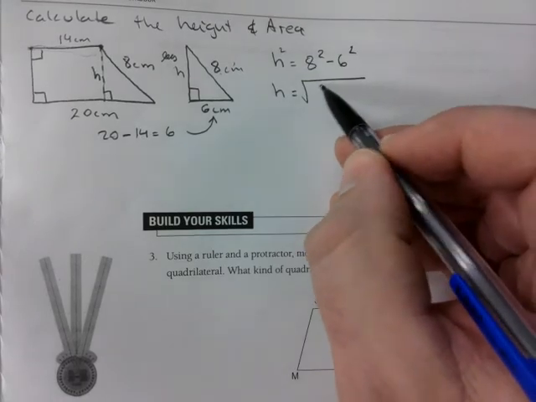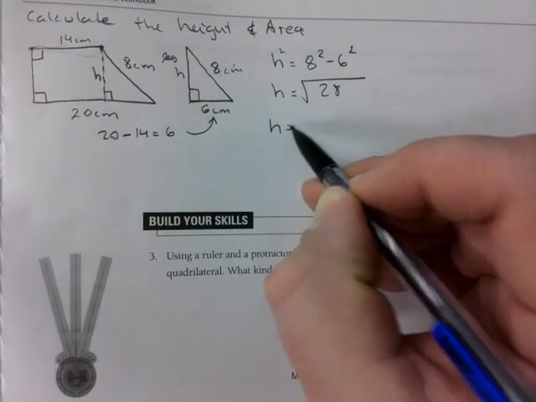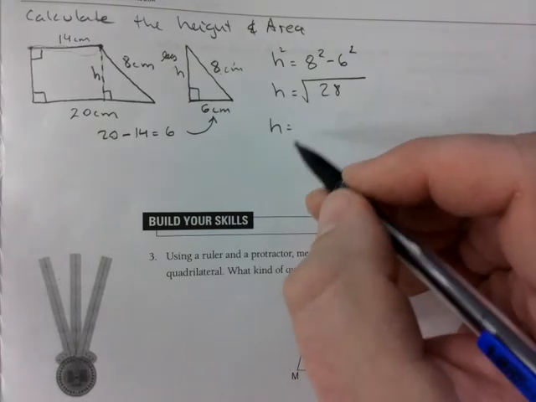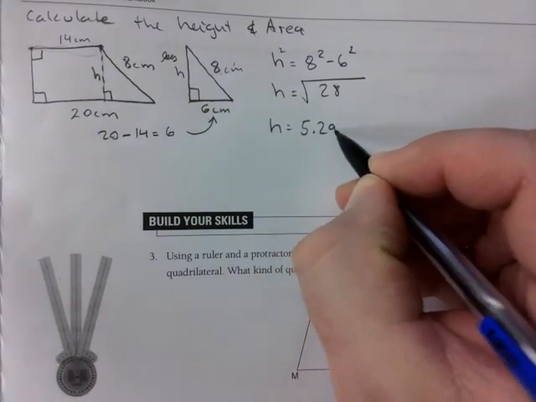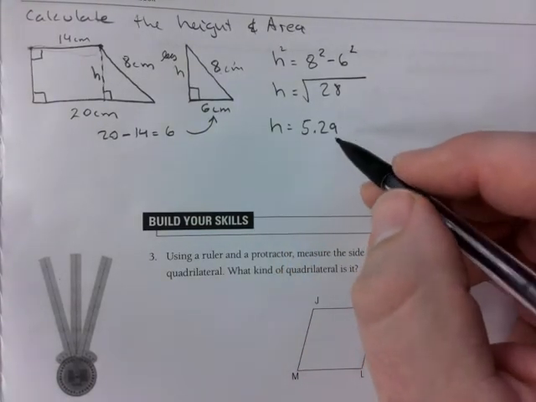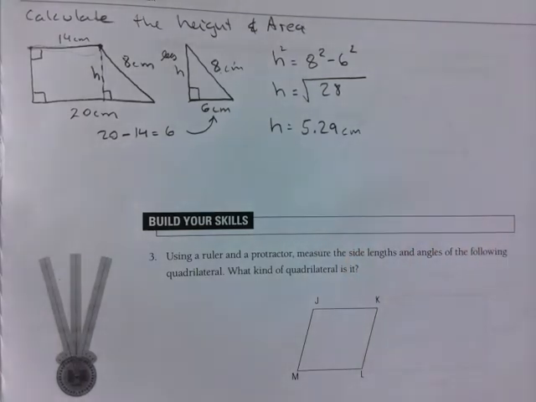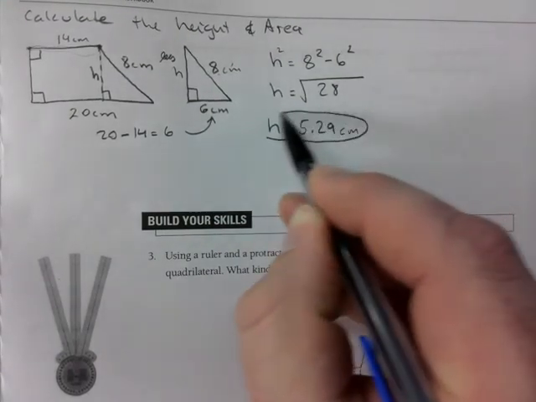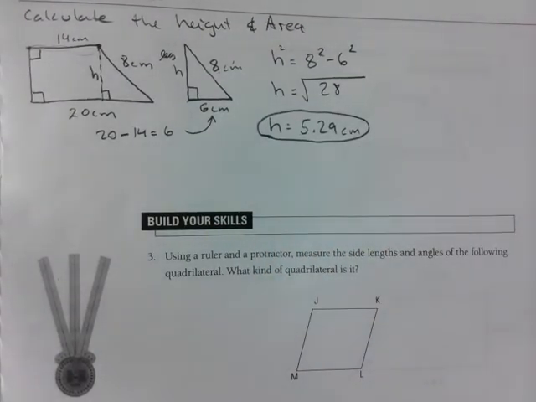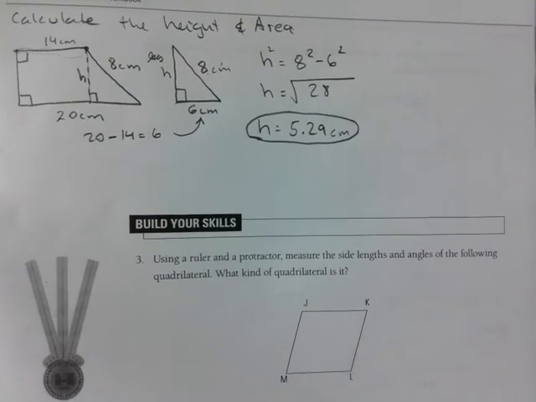There was 21 earlier, sorry. This is 28. Take the root of that, you get 5.29 centimeters. You're checking, right? Centimeters, meters, inches, whatever it is, you tack those on. This is your height. You're halfway there, over halfway, I would say.